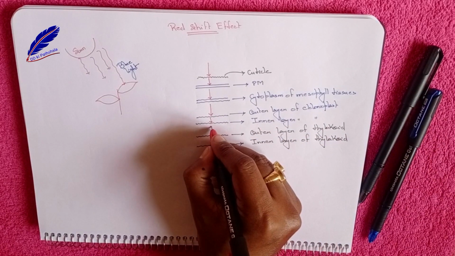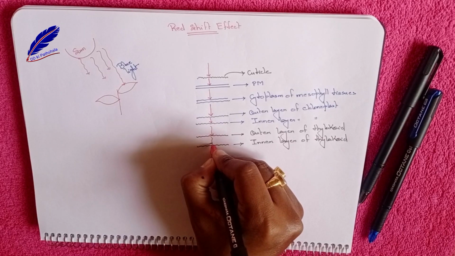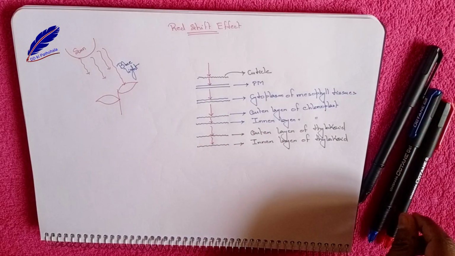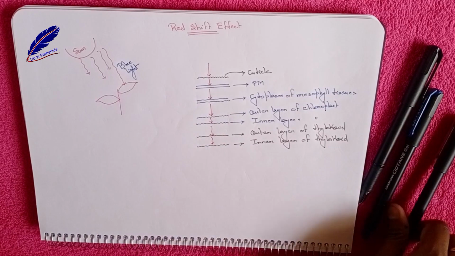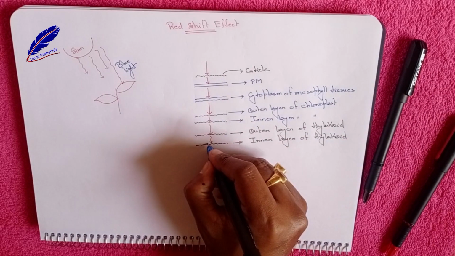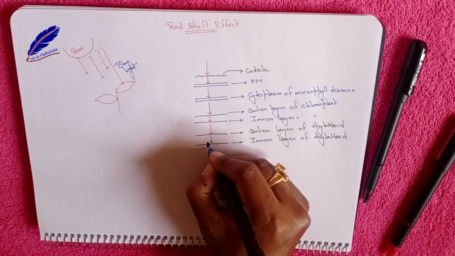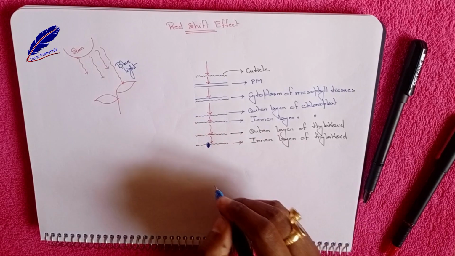So the light is again crossing the outer layer, then it is coming to the inner layer, and within the inner layer there lie the quantasomes.